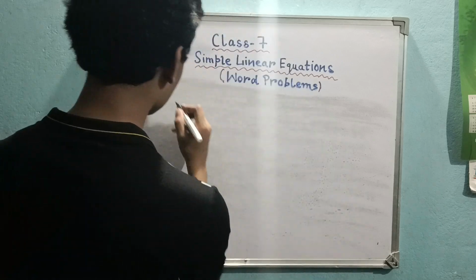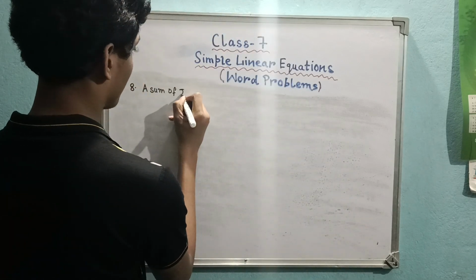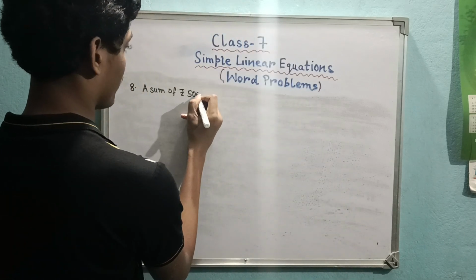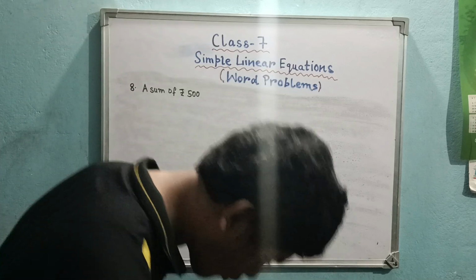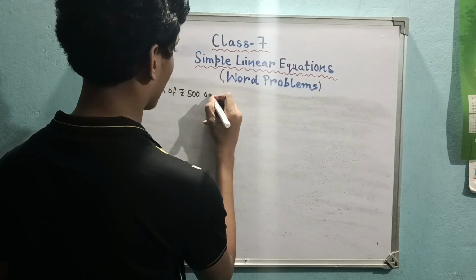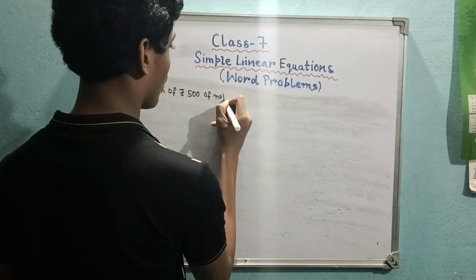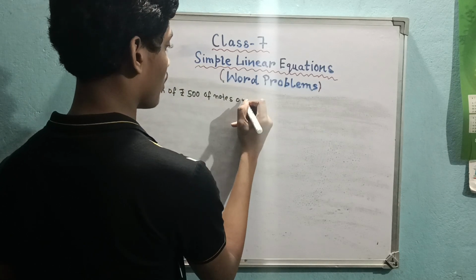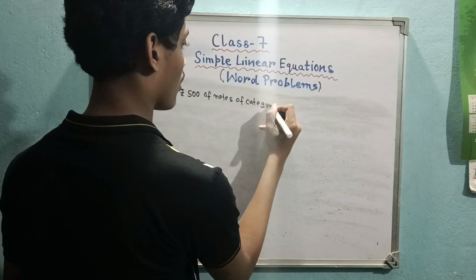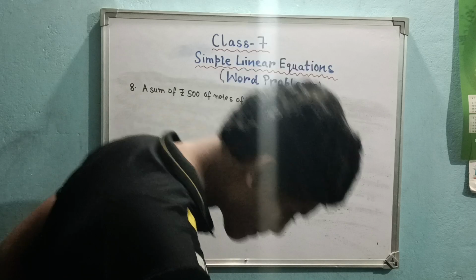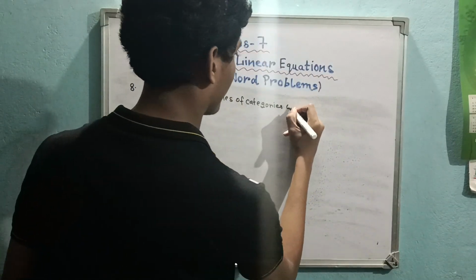A sum of rupees 500, huge sum, right, is in the form of notes of categories rupees 5 and 10.